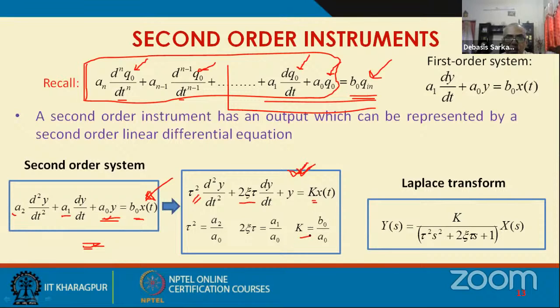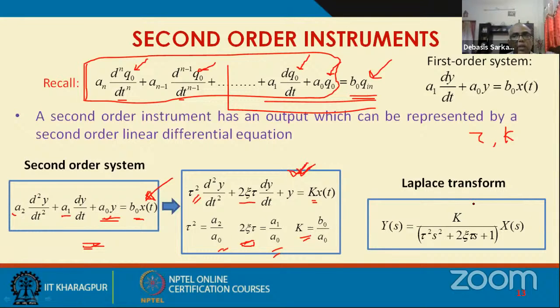So K is called the gain of the process. Tau square is A2 by A0 and 2 zeta tau is A1 by A0. This zeta is known as the damping coefficient. Note that in the first order system you have time constant tau and gain K as two parameters for the process.